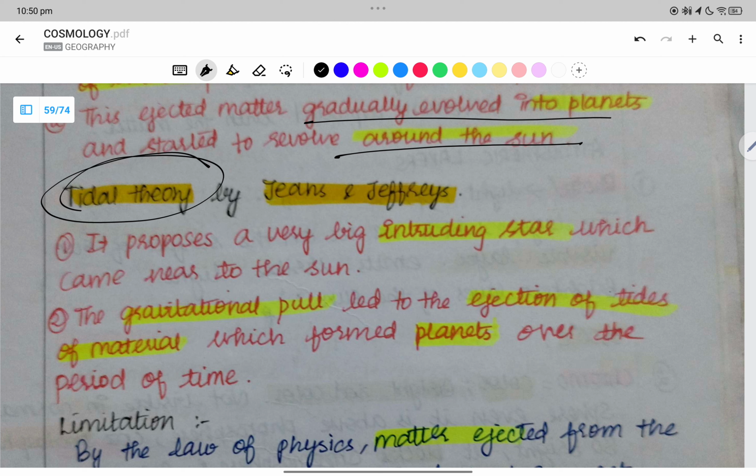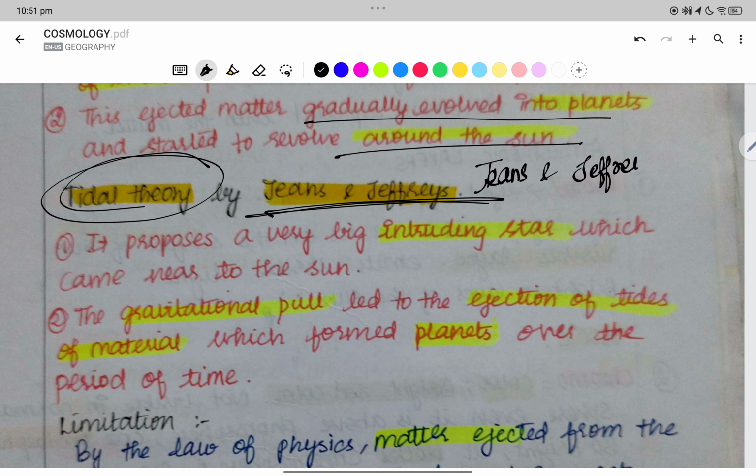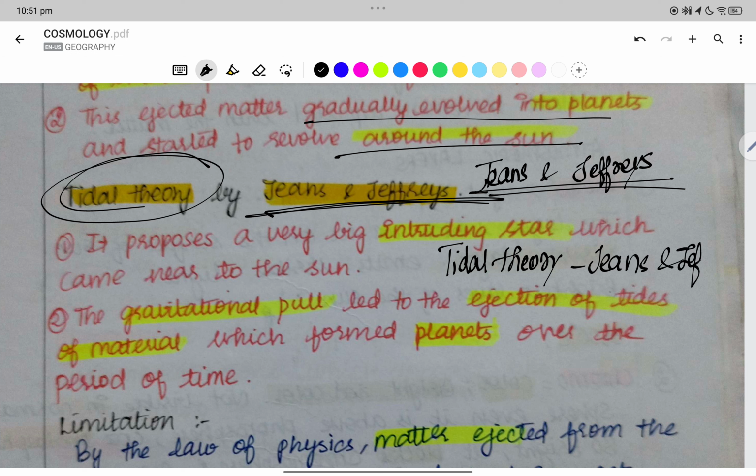Now the tidal theory is by Jeans and Jeffreys. Chamberlain and Moulton is the planetesimal theory.